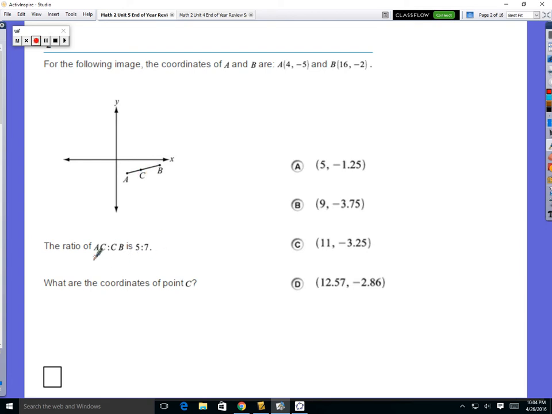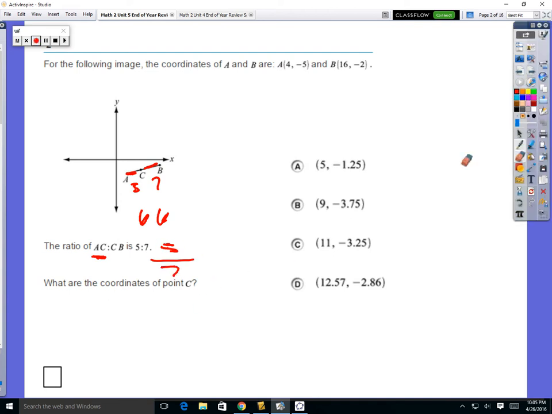And it tells you right here the ratio of AC to BC is 5 to 7. If it would have been exactly in the middle, it would have been more like 6 to 6, because these two segments would be equal to each other. But it looks like AC is just a little bit smaller than BC. So the ratio is 5 to 7. You can write it as a fraction if you want.